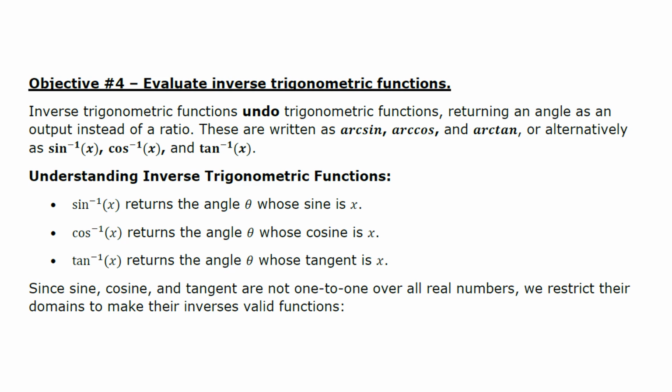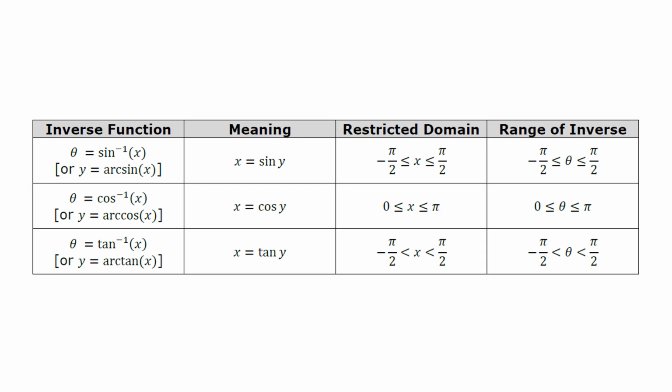So since sine, cosine, tangent are not one-to-one all over the real numbers, we restrict their domains in order to make their inverses valid functions. So this chart explains a little bit in regards to the inverse functions of sine, cosine, and tangent, what exactly they mean in terms of their equation, and then their restricted domains.